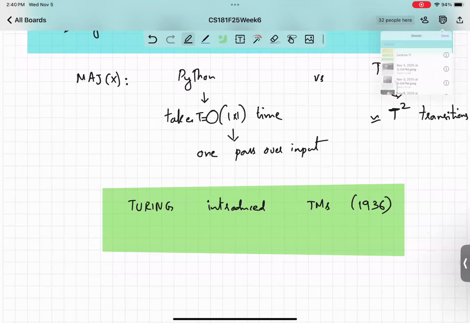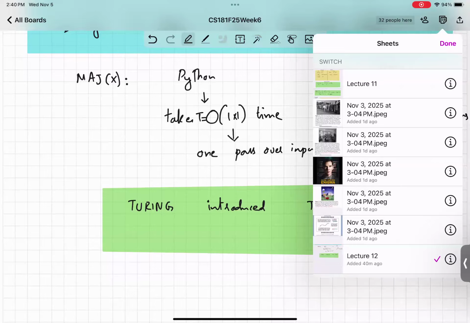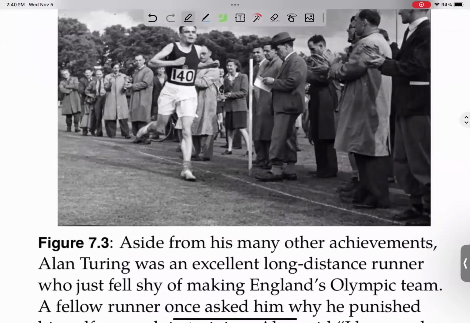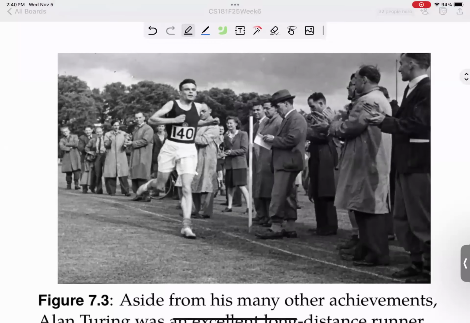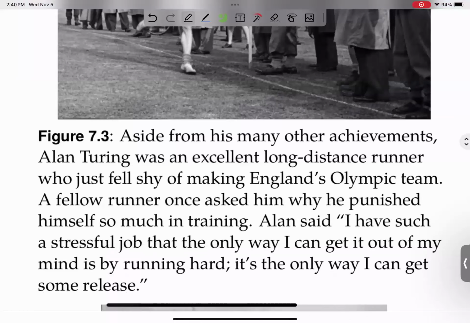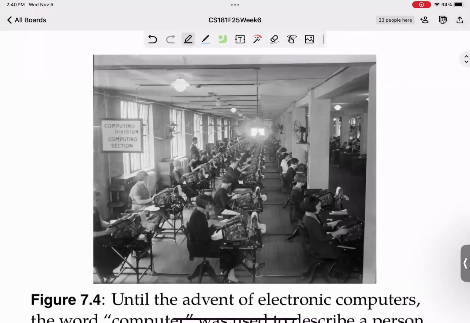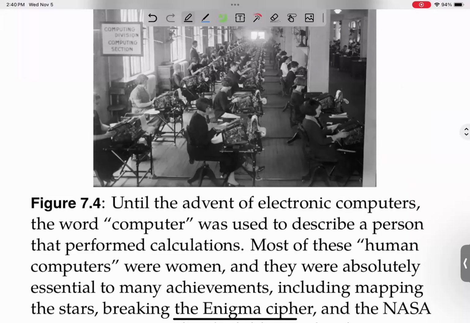All right, so let me say a few things. First, Turing is a really remarkable figure. He invented Turing machines, and he also did many other things. He was also a long distance runner, and he headed very important efforts during World War II on code breaking, right?